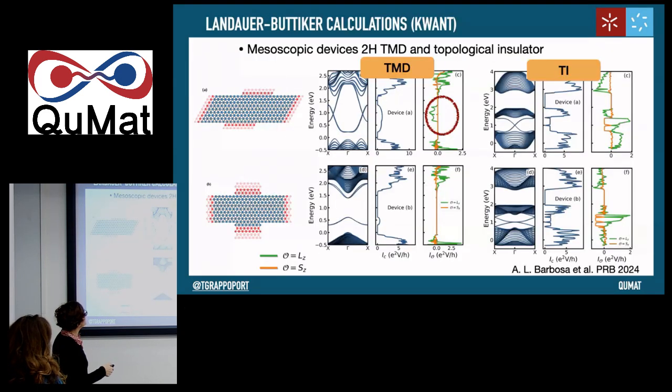You can have the same model, and for a TMD, TI, you begin with a model with 3 orbitals, and you can have TIs, TMDs, or high order topological insulators, or systems that don't have anything. But to have strong orbital Hall conductivity, sometimes you invert bands, even without spin-orbit coupling, because of some symmetry breaking that you include in the system, and because of this inversion, you change the orbital character at the Fermi level.